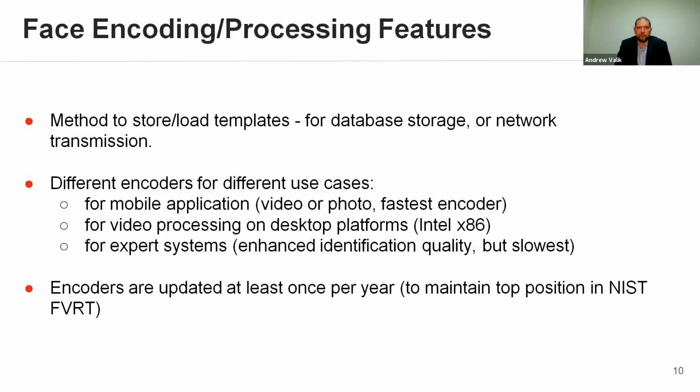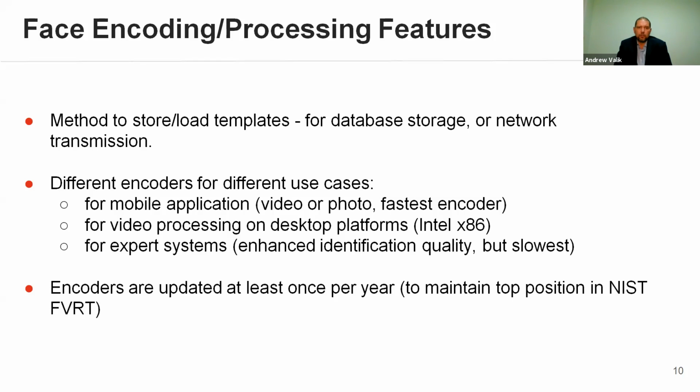And for video processing, we provide the next version of encoder. It's 6 times faster than the previous one. So you can use it for video processing in real time and encode each frame from a video stream on desktop or server platform.